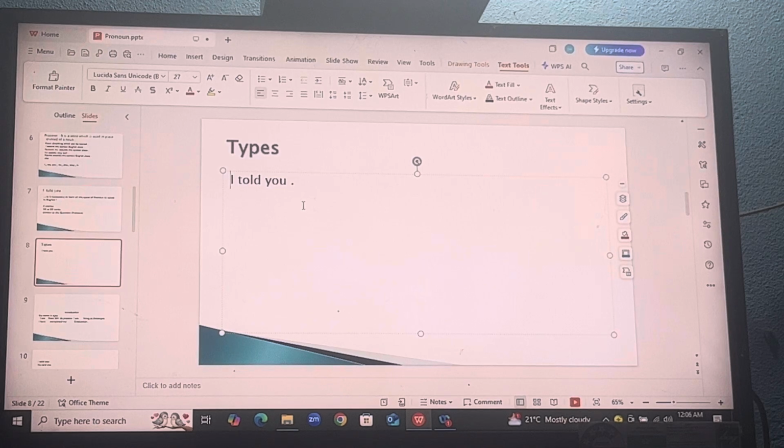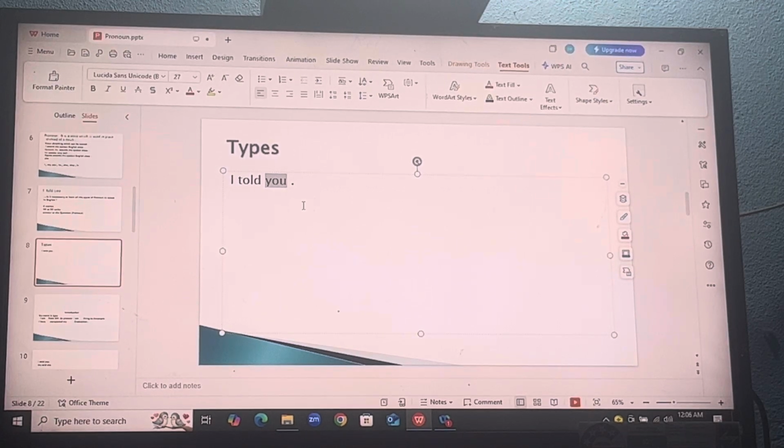Now, in order to form a sentence, what are the three things that we require? Subject, verb and object. Whereas in the case of pronouns, what are the things that we can take in order to form a sentence? That is subject and object. So hope now you understood. We only require two things from pronouns, that is subjective pronoun and objective pronoun.